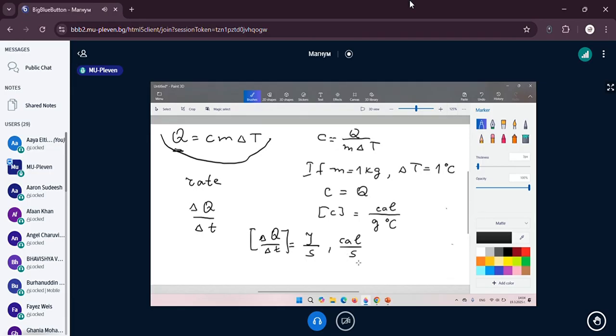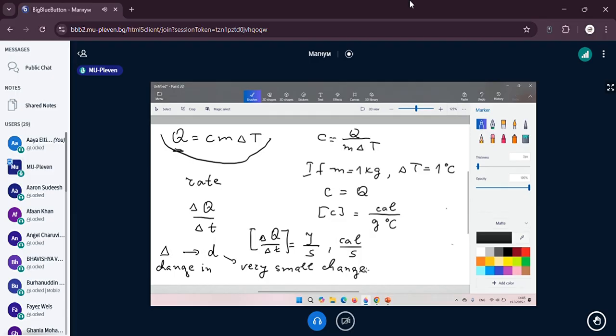Also calorie per second is applicable, and in biophysics specifically, instead of the symbol delta, we will use the symbol D. If delta means change in, D means very small change, which in the language of mathematics is called differential.